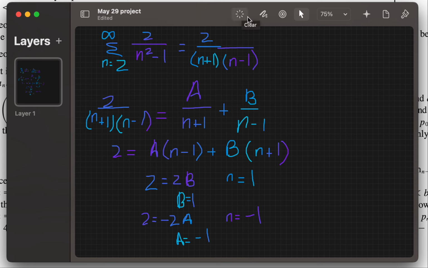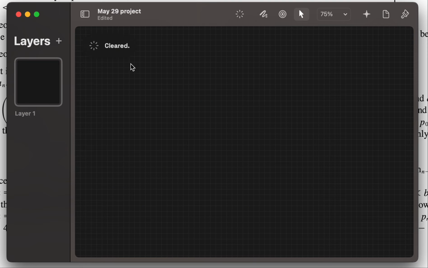So all of that leaves you with 1 over n minus 1 minus 1 over n plus 1. So this is your new partial fraction that you got from the original equation.